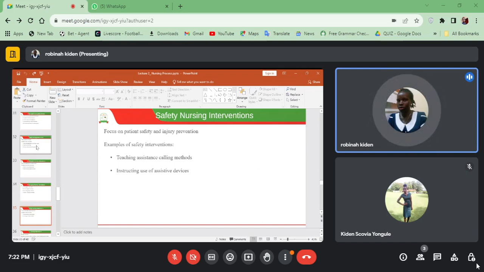So in some hospitals they can use alarms, but in others they can use maybe phone calls or things like that. So those are some of the ways that can be taught to the patient.